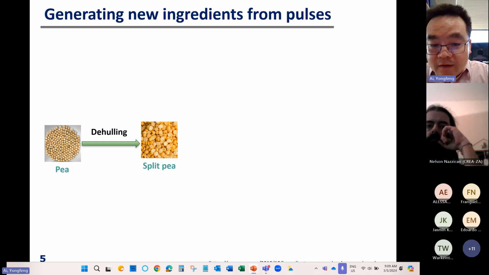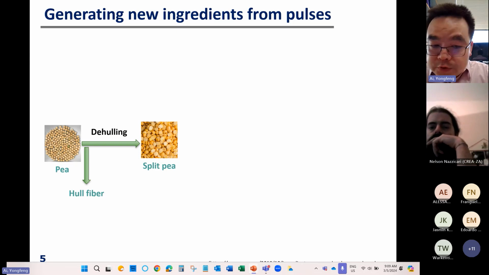After dehulling, we have the split pea, and we also generate the hull fiber. Hull fiber is a very popular fiber for human food application and also for pet food use. When we have the split pea, we can use two methods to fractionate the different components inside the pea into different ingredients.